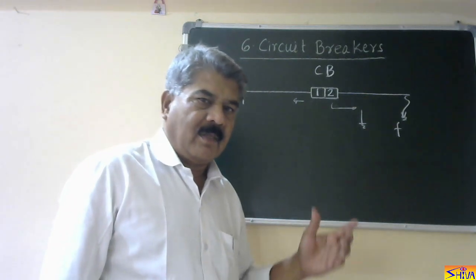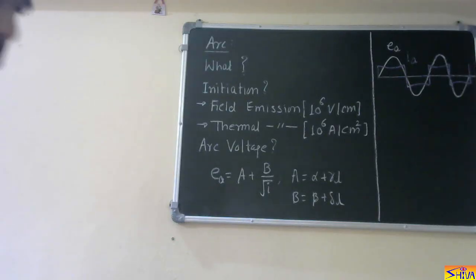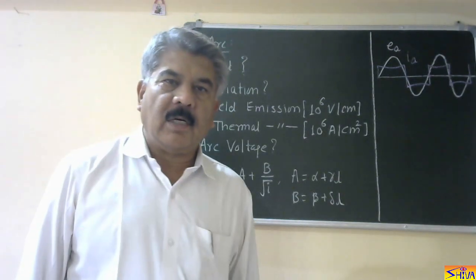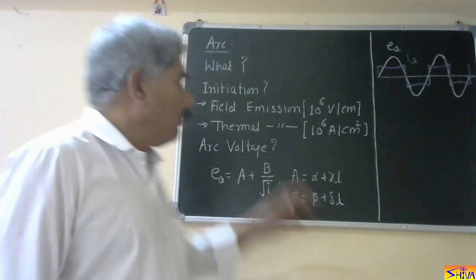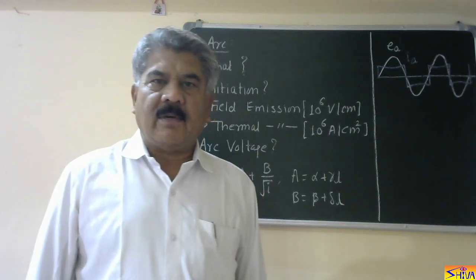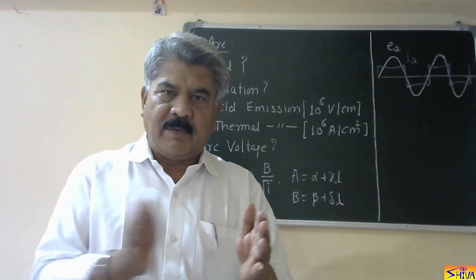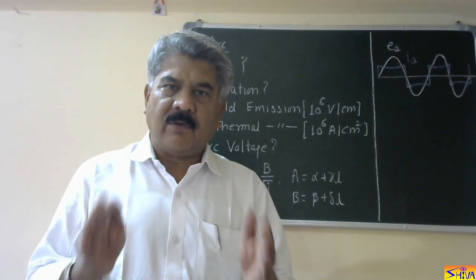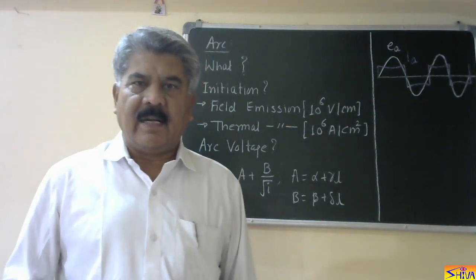Now let us see some important things about this arc. First is, what is this arc? Arc consists of a column of ionized gas. So there are two electrodes. So in between these two electrodes, there is ionized gas. Ionized gas consists of positive ions and electrons.